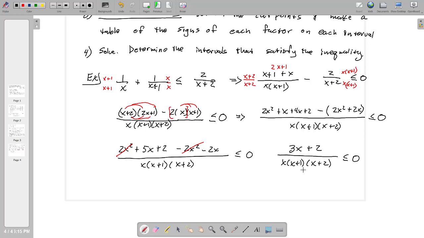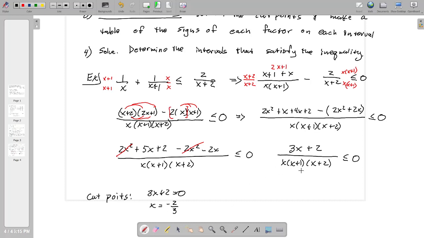So we need to figure out what our cut points are now. The cut points are the x values that make the numerator 0 or make the denominator 0. So making the numerator 0, we look for this cut point. This will be x is equal to negative 2/3.